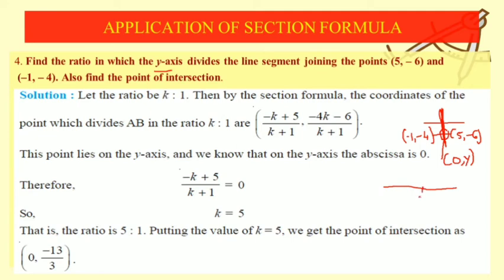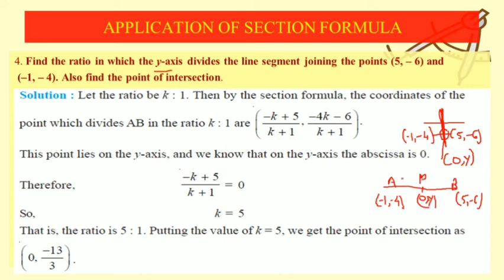This is the point 0 comma y, this point is 5 comma minus 6, and this point is minus 1 comma minus 4. Suppose this is A, this is B, this is P. So now this question has turned into a simple question.